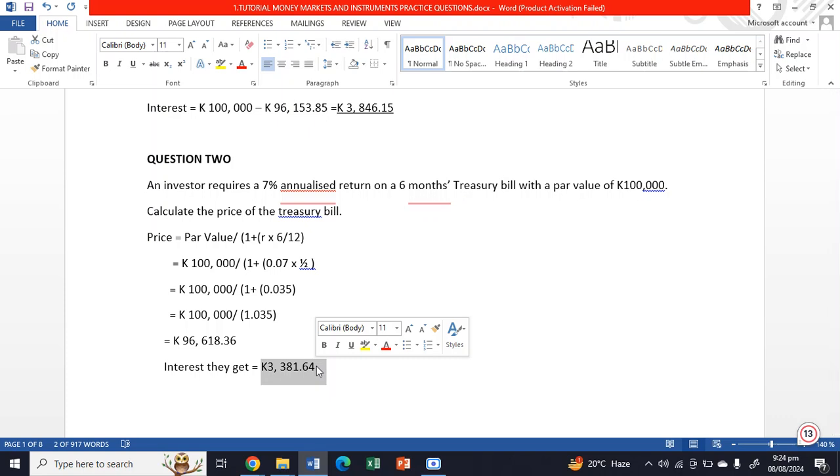So if you buy this treasury bill for 96,000, after 6 months pass, you get 100,000. This 100,000 is inclusive of your interest, which is the 3,381.64. Any questions?